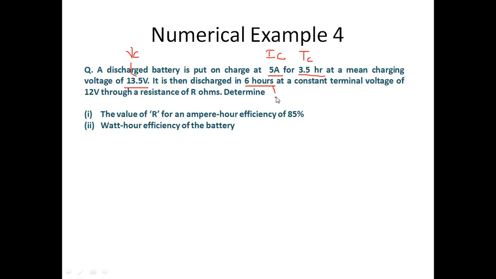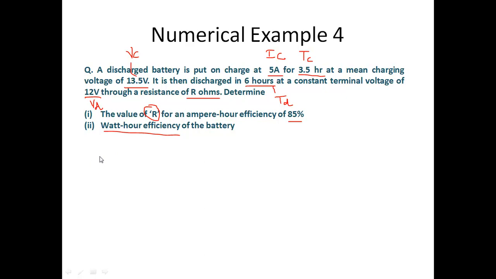It means that discharge time TD is 6 hours at a constant terminal voltage of 12 volt. 12 volt is the discharge voltage VD through a resistance of R ohms. Now we are required to calculate the value of this resistance R for an ampere hour efficiency of 85%. And in the next part, we are required to calculate the watt hour efficiency of the battery.